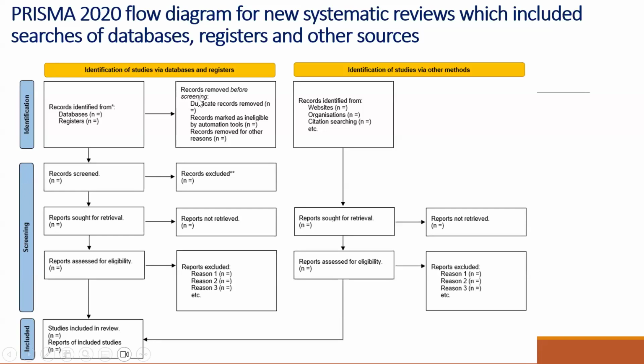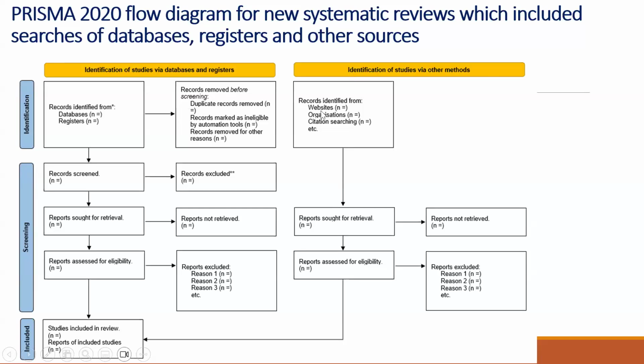The left side remains the same as I had discussed. You have databases and registers, then all the other things like removing duplicates, screening, exclusion remain the same. Here this area will be the additional thing, that is identification of studies via other methods.